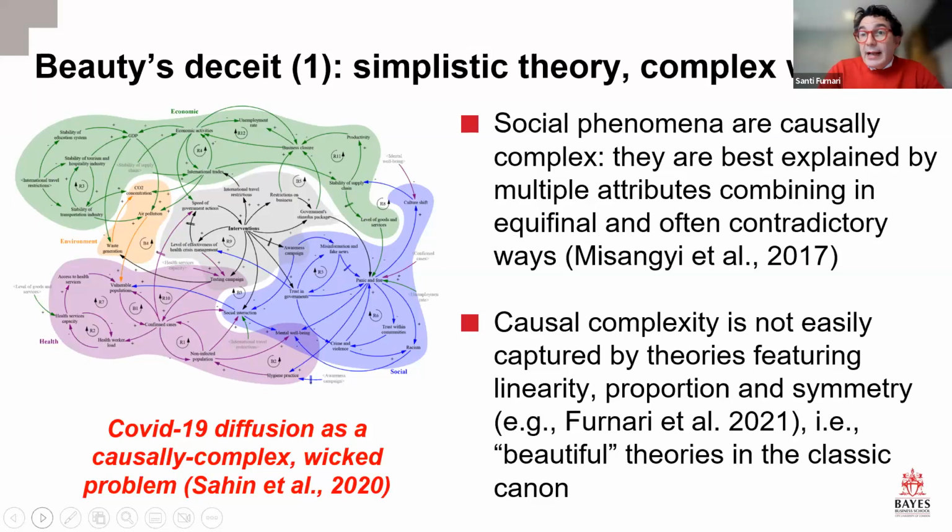The first thing is that the world is not linear, and it's not simple, and it's often not symmetrical. And so I start from a premise that the world is actually causally complex, and particularly social phenomena are causally complex. And so they are best understood as configurations of multiple attributes that combine together in often contradictory ways.